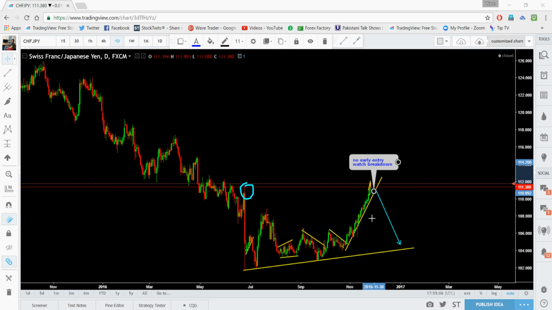The top hasn't been defined yet until we see impulse or breakdown, at least breakdown of this trend line. If price breaks down the trend line, then it's going to confirm that it is going to reverse into the other direction.